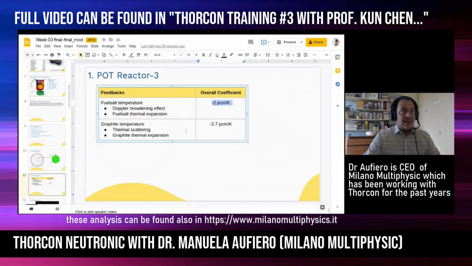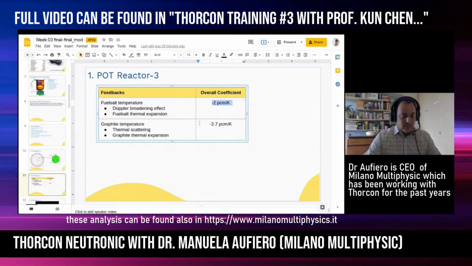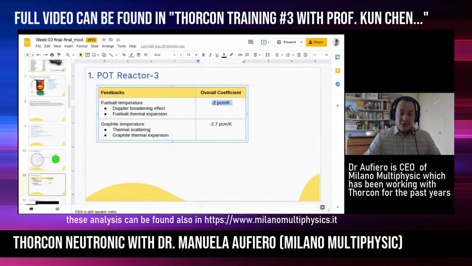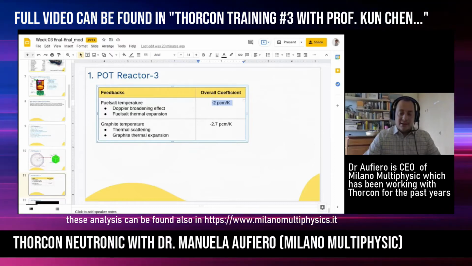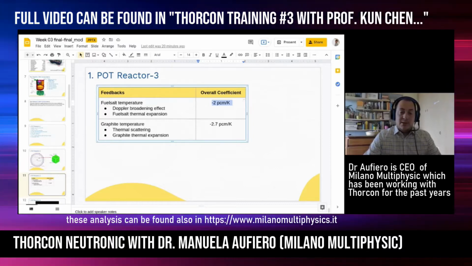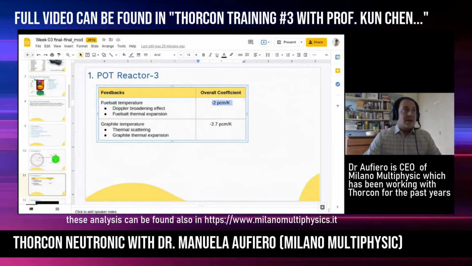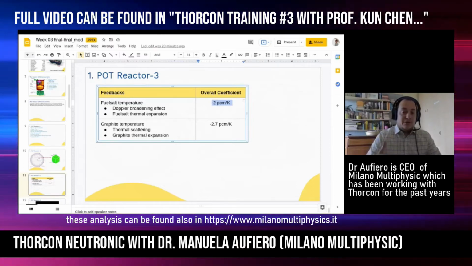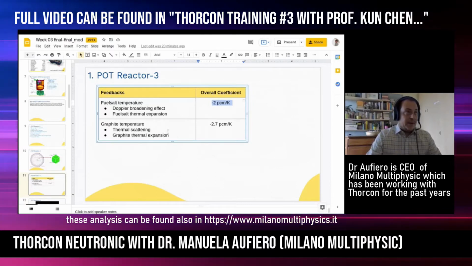Also, graphite has a reactivity feedback. The effect of graphite heating is twofold. The first effect is related to the thermalization of the neutrons: when the moderator is exposed to neutrons, it leads to an effective equilibrium between the thermalized neutrons and the temperature of the graphite carbon lattice. Heating the graphite shifts the Maxwellian distribution of the pseudo-equilibrium of thermal neutrons, and this effectively moves the thermal spectrum of the neutrons.